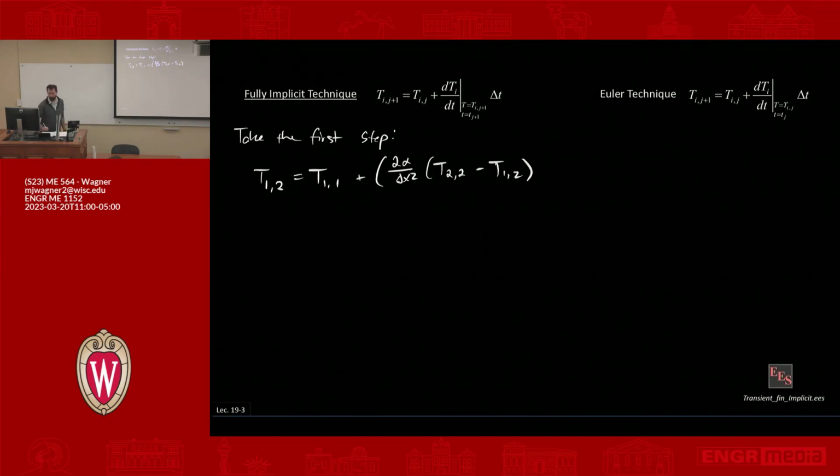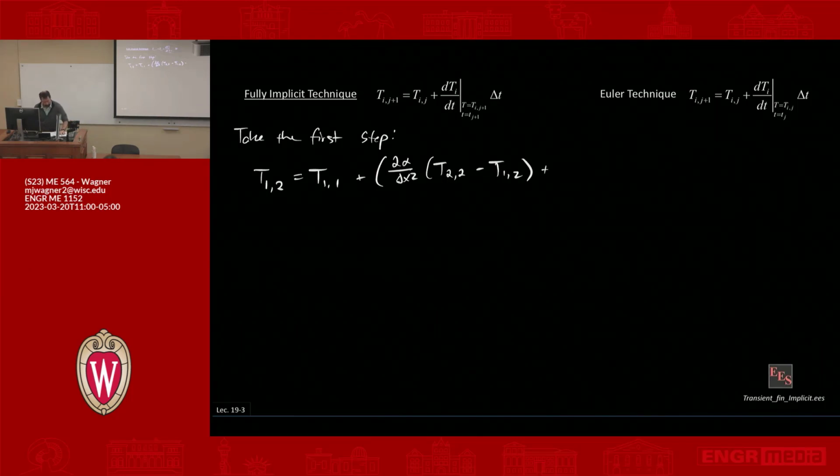So previously in the Euler step, this would have been T at space node 2, time node 1, and space node 1, time node 1. But because we're doing this at the end of the time step, it has to become 2 in the time index.